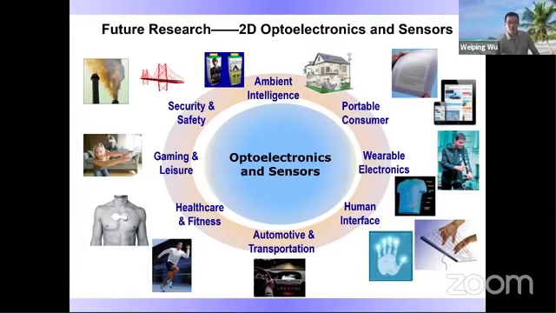Once these devices have been successfully developed and produced at larger scale, this technology can be applied in the practical world for healthcare, sports, wearable electronic devices, automotive and transportation, electric vehicles, portable consumer electronics, smart homes, and so on. I personally believe the future of these optoelectronic sensors with functional materials and 2D materials is bright, and there will be a lot of new discoveries and new technologies appearing in the near future.